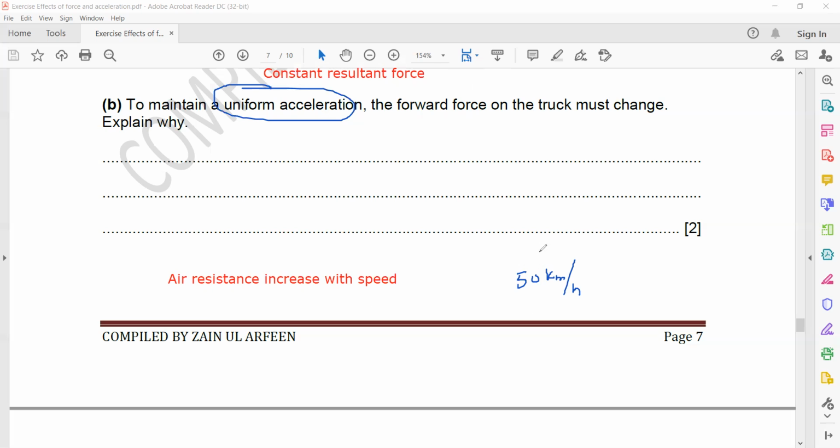But if you're traveling at a higher speed, like 120 km per hour, at which speed will you experience greater air resistance, 50 km per hour or 120 km per hour? At 120 km per hour, you will feel a higher air resistance.